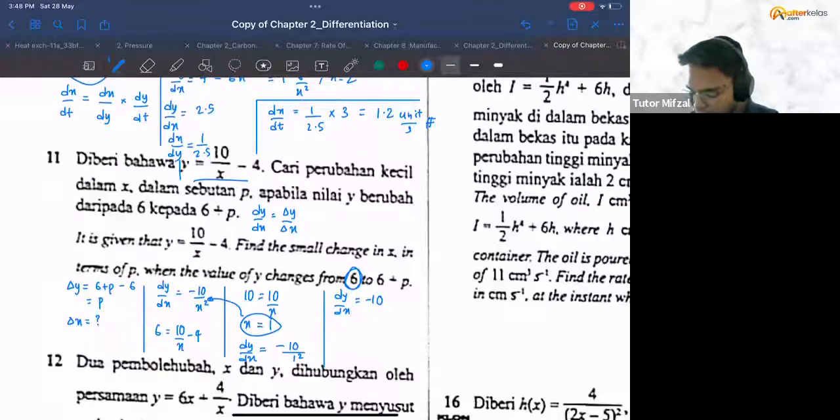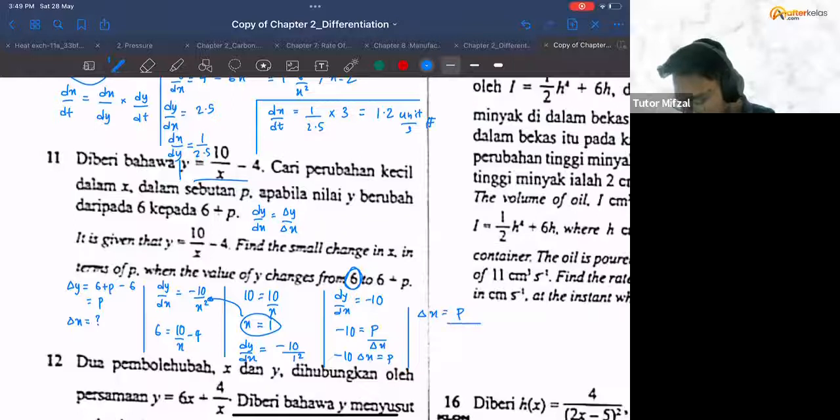So dy over dx is negative 10, delta y is p, and delta x is unknown. So negative 10 equals p over delta x, so delta x is just p over negative 10.